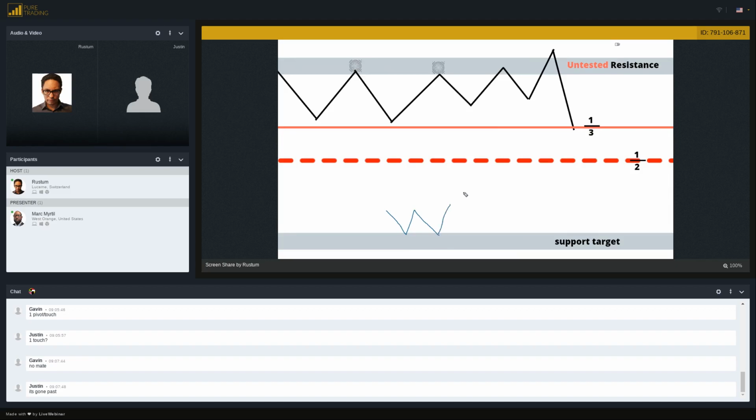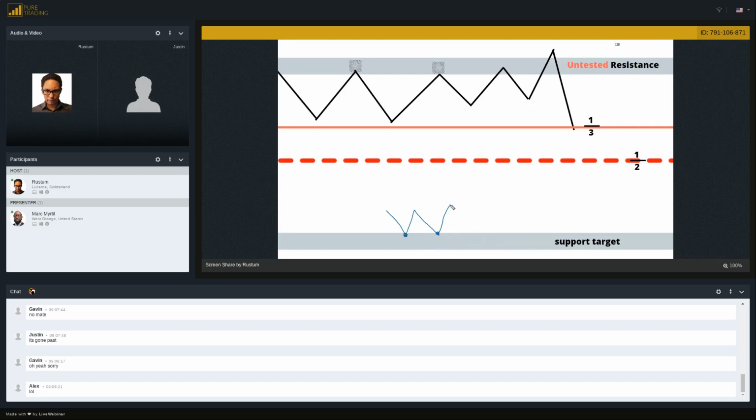So we have our qualified resistance. So it's qualified because we have two touches here. This is support that is a qualified support area, yeah.